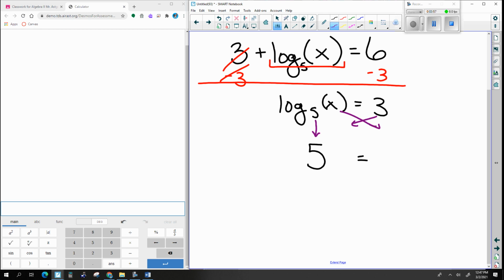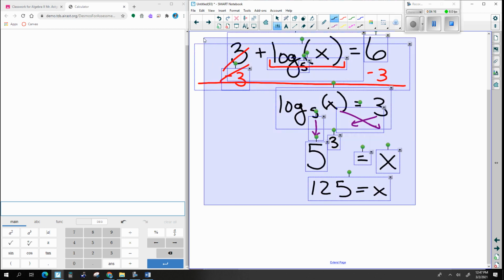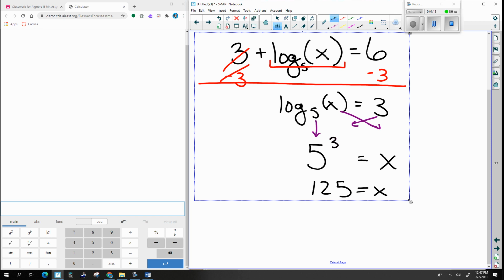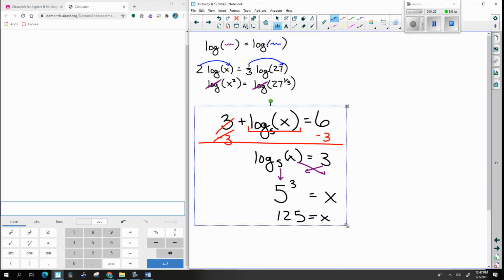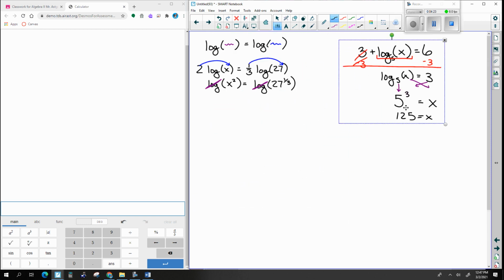So 5 to the 3rd is equal to x, and then you can see that x is equal to 125. Pretty simple. If you have just one log in the problem, get that log by itself and then rewrite it so it's no longer a log. The base is the base, and then you just do some basic math.